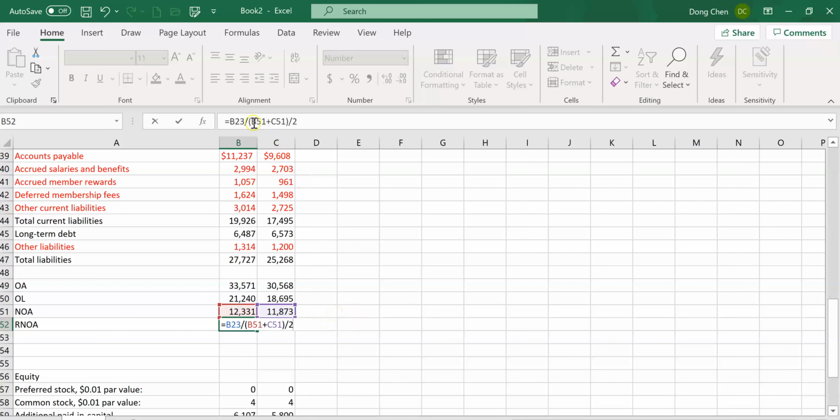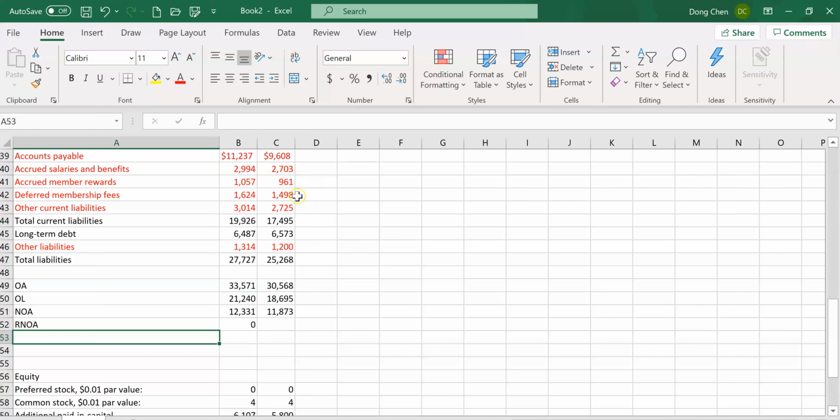But if you don't add another parenthesis, Excel will do these 2 divisions rather than our intended division on the denominator first and then the numerator divided by the whole thing. Those 2 are different. That's why I need to add another layer of the parentheses in order to do that.